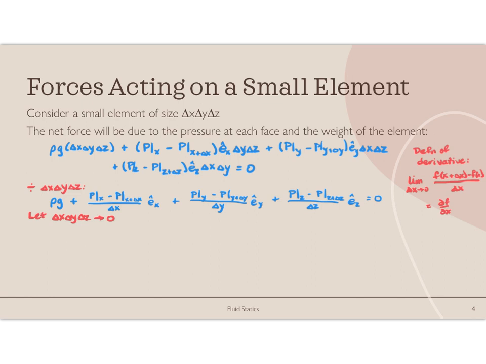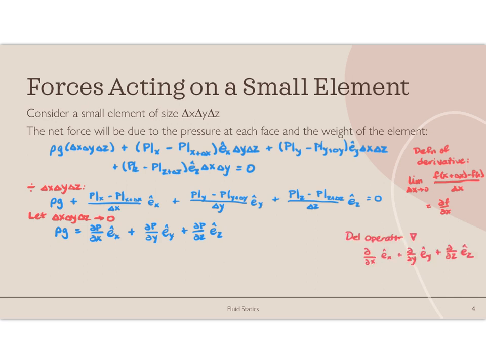So I'm going to rearrange this at the same time I take this limit so that I get rho g is equal to dp dx times the unit vector in the x direction, plus dp dy, unit vector in the y direction, plus dp dz times the unit vector in the z direction.